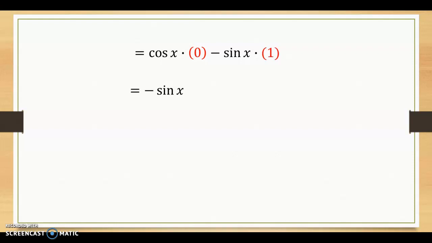And here is our outcome. We've shown that the derivative of a cosine function is obtained from the minus sine of x function. In other words, if you want to find the slope of a cosine function, you will need to evaluate minus sine at that same x coordinate.